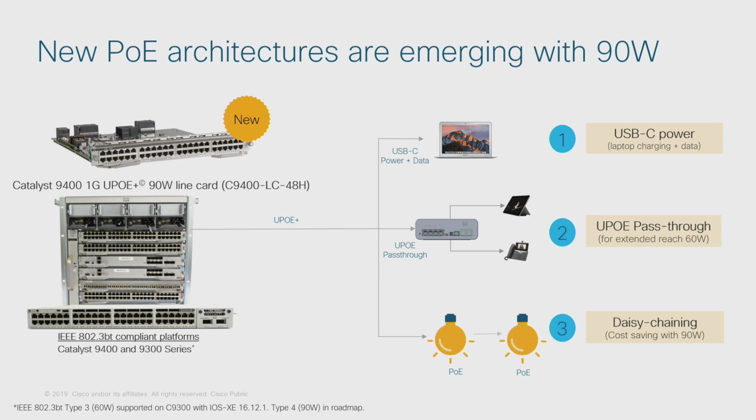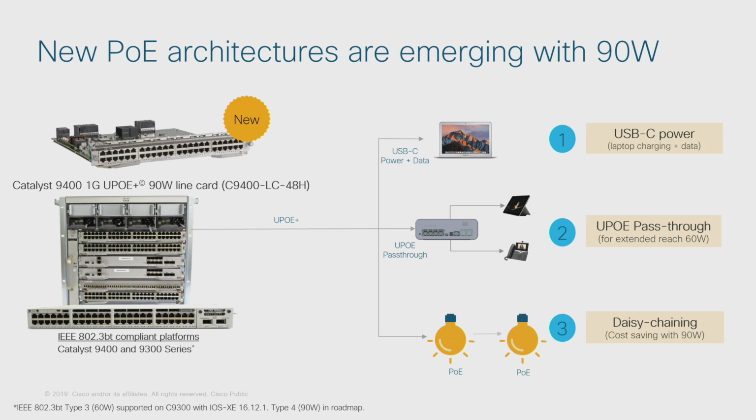The second architecture that's evolving is extending higher power for longer distances. As you know, PoE is restricted by the distance of copper, which is about 100 meters. But now if you have an extender PoE switch, you can extend that distance. Not only that, with 90 watts of power, we are able to extend more power to the endpoints from that extender switch.